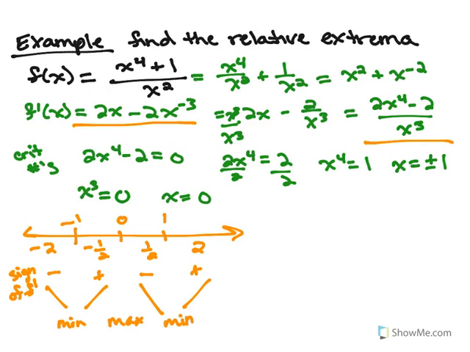Now, what happens when we evaluate these? So my first minimum occurs at -1, and I'm going to plug that into my original function. And when I plug in -1, I raise it to the 4th power, it becomes +1. So I get 1 plus 1 is 2, over -1 squared is just 1, so we're going to get 2.